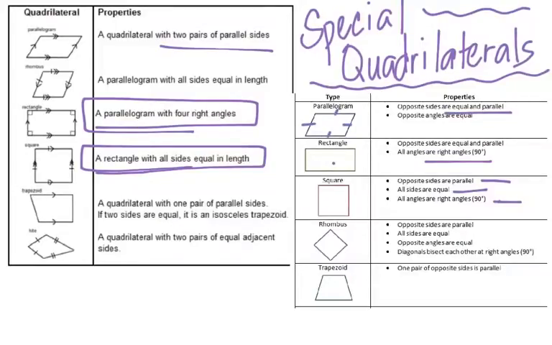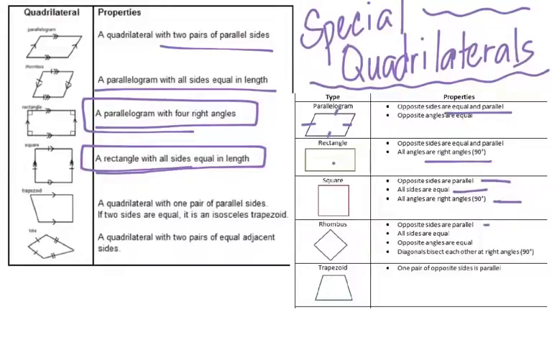Okay, now let's look at the rhombus. The rhombus is a parallelogram with all sides equal in length. Now remember, the square had all sides equal in length as well. But a rhombus, you notice that it has a little slant when we're looking at these pictures.